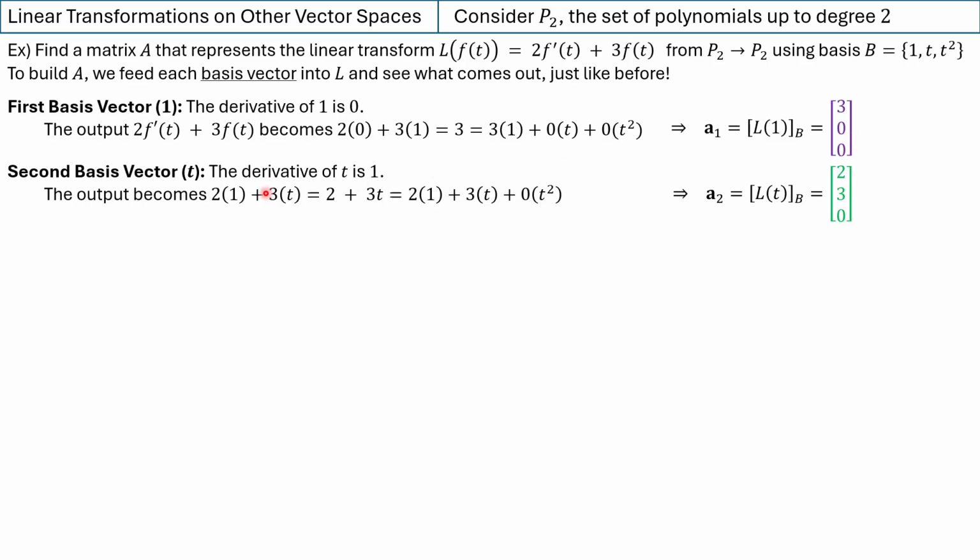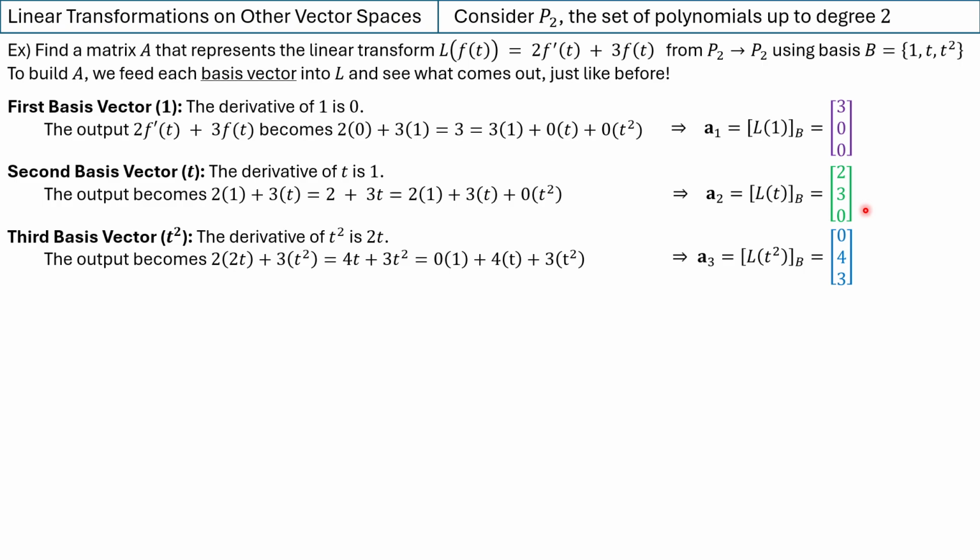All right, now let's feed in t. The derivative of t is 1. So we plug that into the formula to get 2 plus 3t, right? And so, writing that as a vector, we get 2, 3, 0, and that's going to be our second column right there. Now we want to see where our third basis vector ends up applying this transformation.